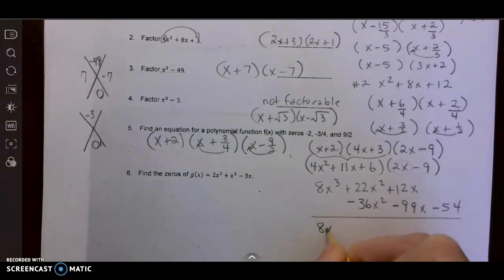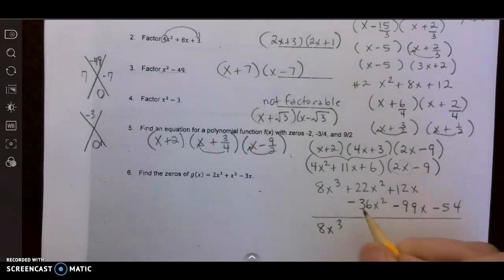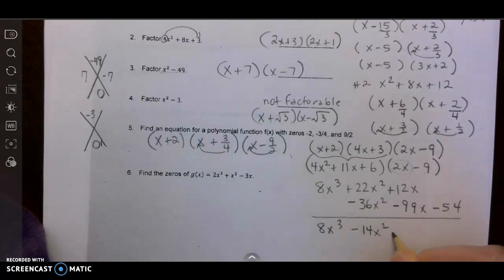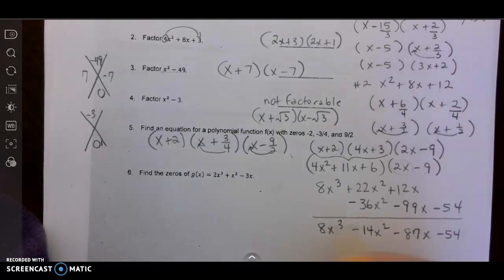So I get 8x cubed, and what would this be? Negative 14x squared, negative, would that be 87? 87? Yes, x minus 54.